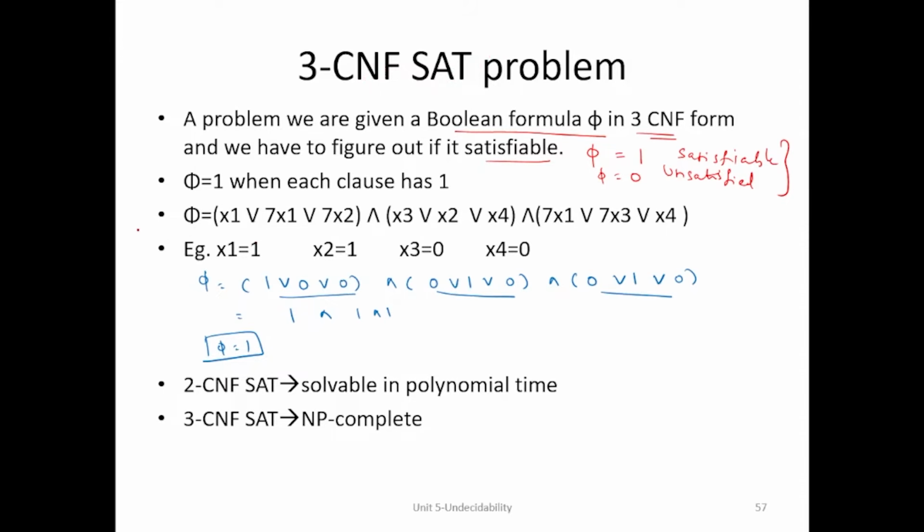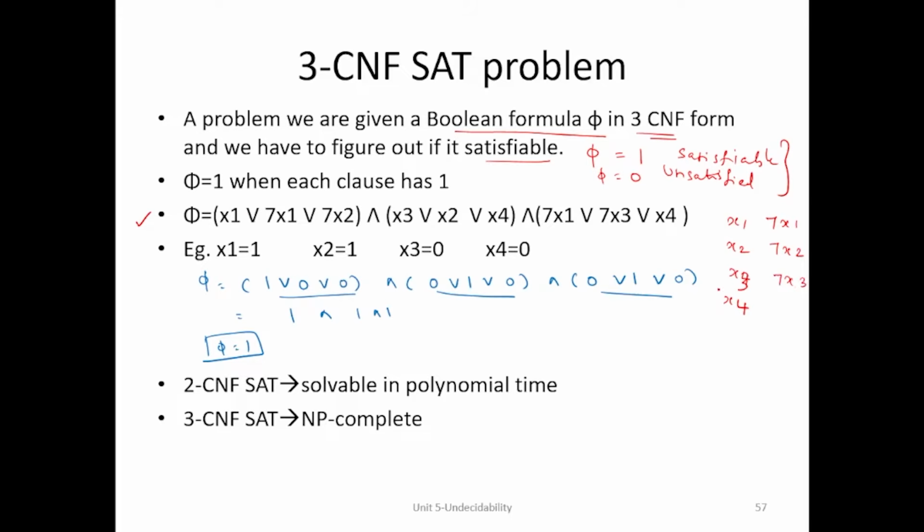If you consider the same example, pi equals x1 OR negation of x1 OR negation of x2, and x3 OR x2 OR x4, and negation of x1 OR negation of x3 OR x4. Here 4 different literals are used, along with the negation values of x1, x2, x3.